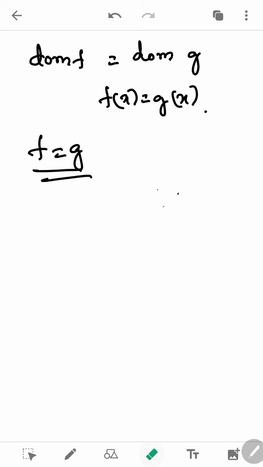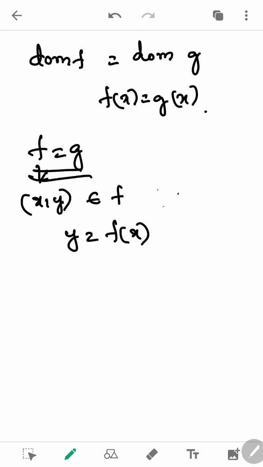First we will prove that f is a subset of g. For that we have to take an element from here. Let the ordered pair x comma y belong to f. What does that mean? y is equal to f of x, right? The definition of function. But the function value f of x is equal to what? g of x.